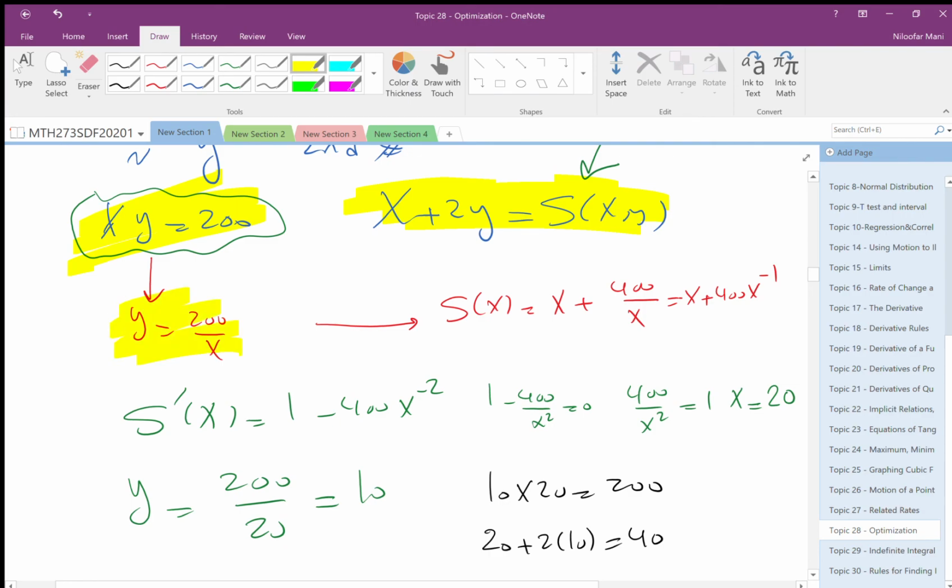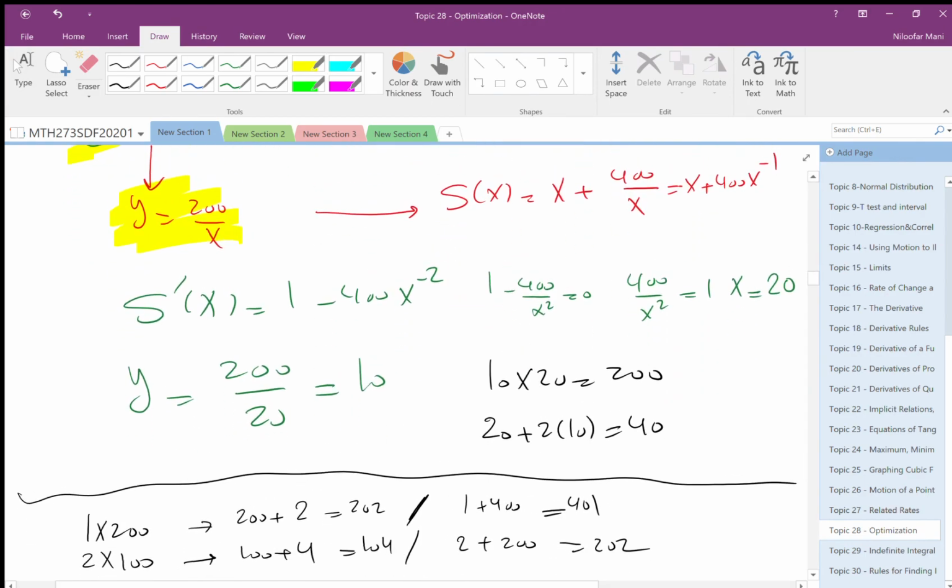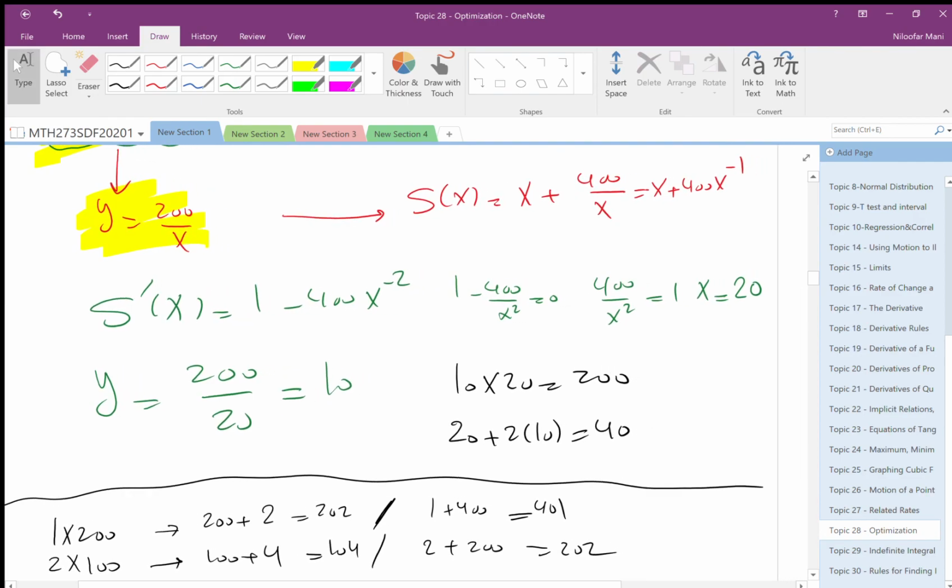So I have one equation and one variable. And then from here, I am just doing the minimum. So I find the derivative, I put it equal to 0, I find the critical point, I find the second derivative, I check if it is minimum, and then I have the answer, right?